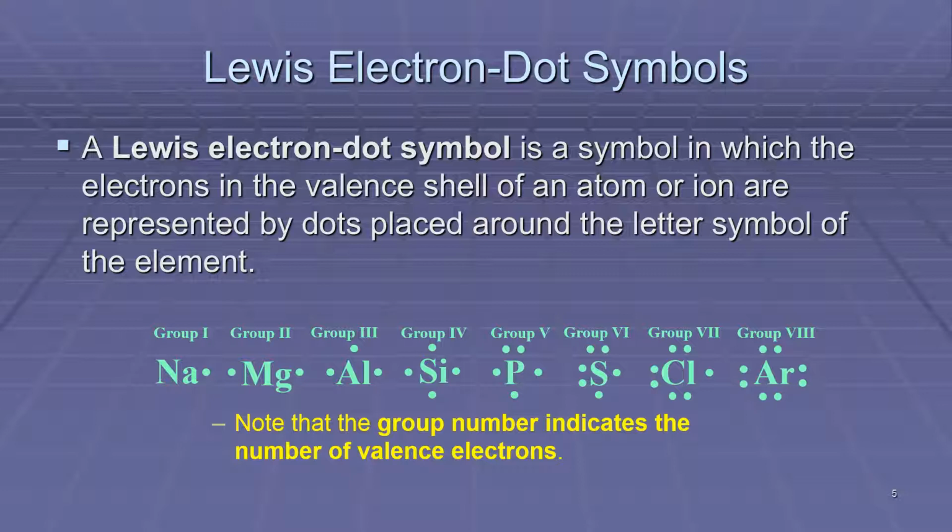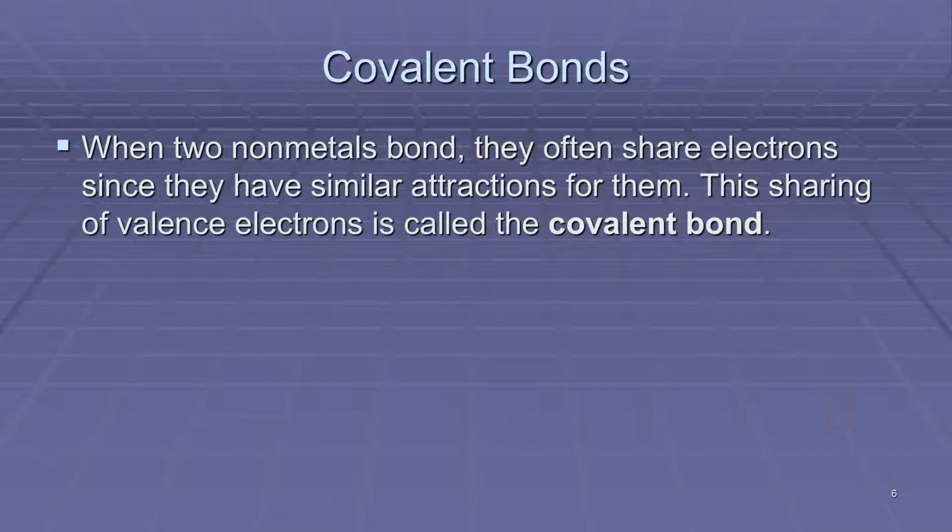This is the standard way that we put the electrons in there, but there's no right or wrong way. Usually we put them around first and then go back and pair them. And notice that the group number indicates the number of valence electrons, so that's very helpful. At least the A group numbers.